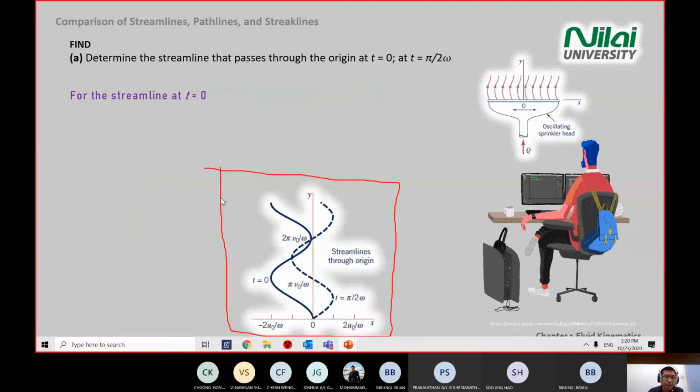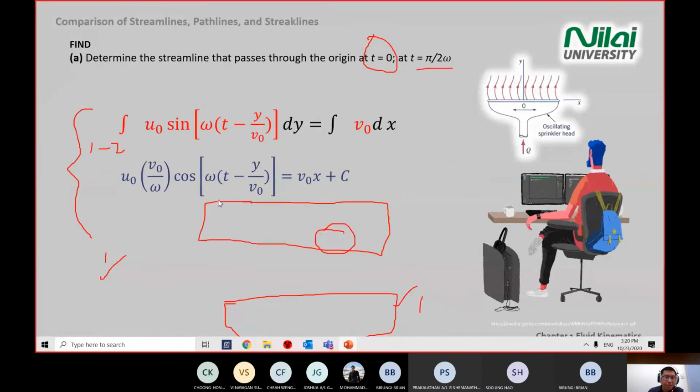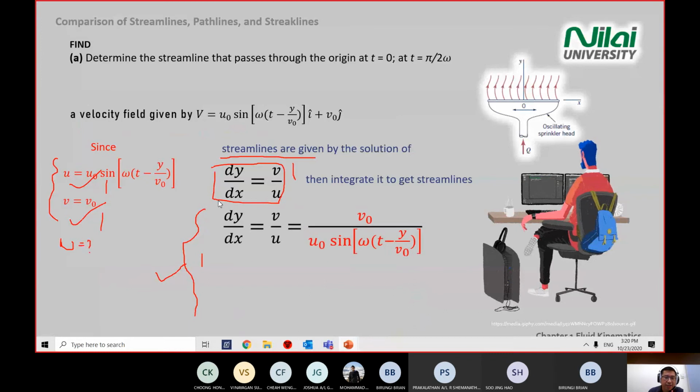And then the streamline is always linked with the definition of streamline, dy/dx equal to v divided by u. This is in the 2D plane condition, in the xy plane.